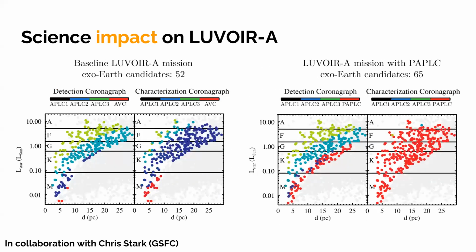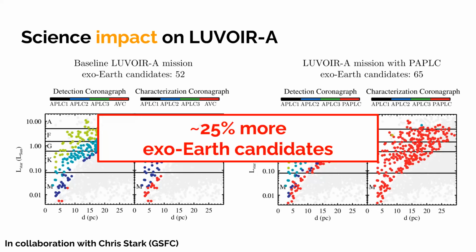So showing them next to each other, you can really see the stark difference of that whole extra row or band of extra planets that you find with the PAPLC. In the end, we find about 25% more exo-Earth candidates for this specific case. Of course, that's still to be confirmed with better simulations, with better inputs to that yield calculator code.